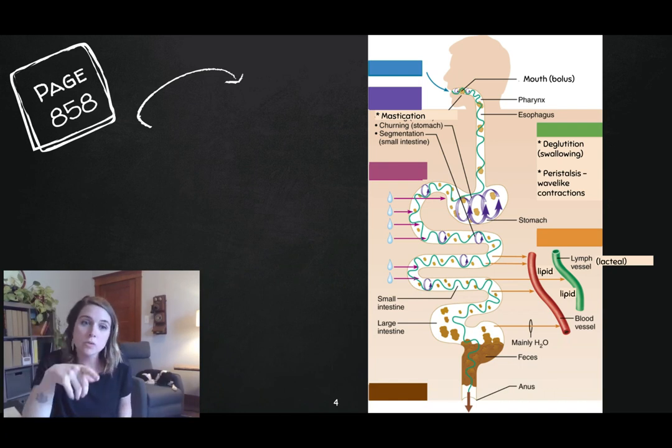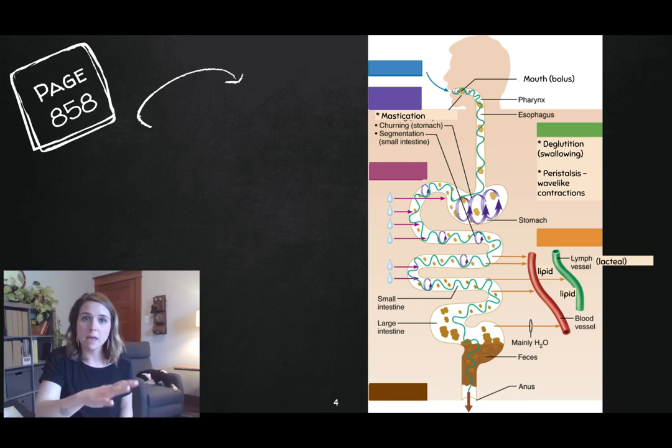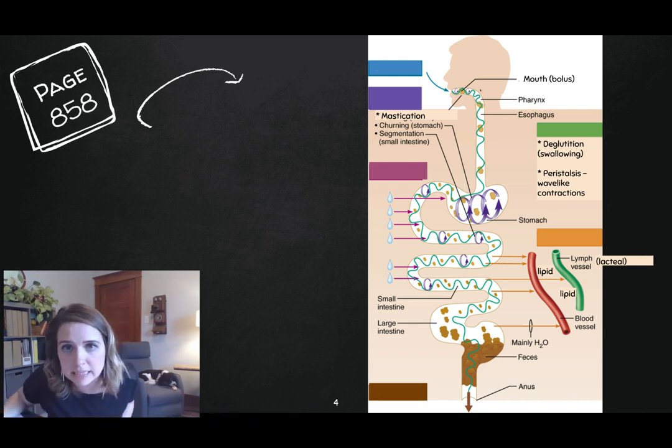So this one, if you just flip the page in your textbook, it's on page 858. It is color coded on here, and I think it's pretty intentional. If you notice, this box right here is blue, and then there's kind of a blue arrow, and then this line here, at least at the beginning, is blue.